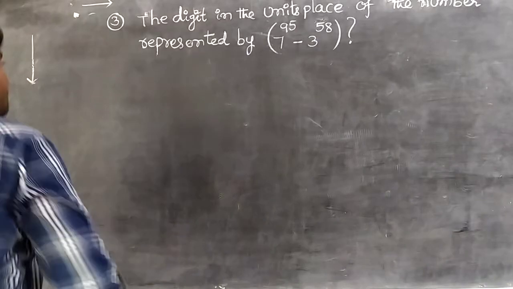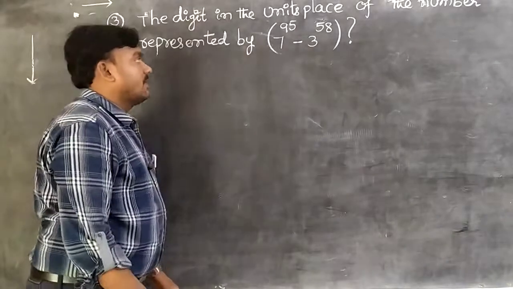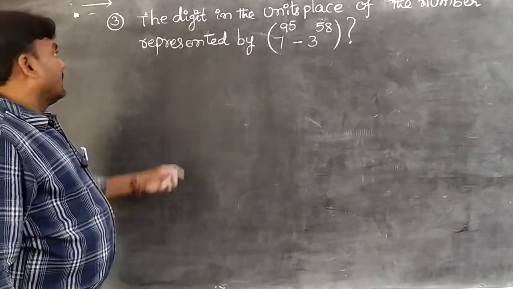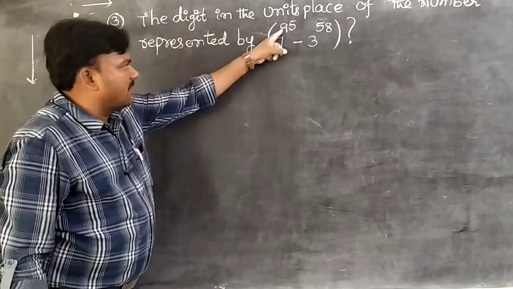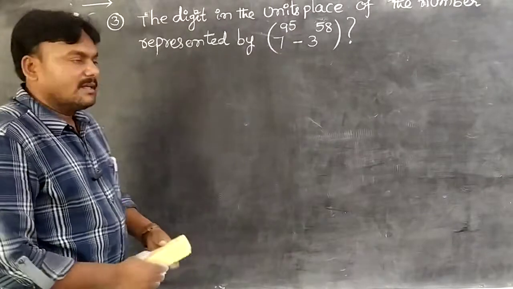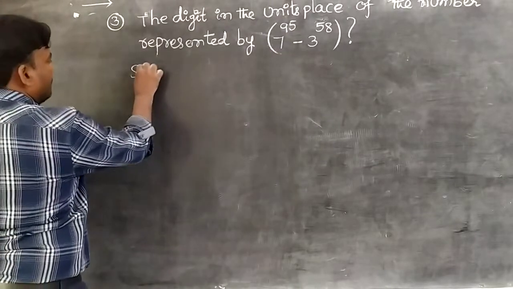Right, students, summation is completed. Now go for subtraction. The digit in the units place of the number represented by 7 power 95 minus 3 power 58. Same procedure, students. Solution given.